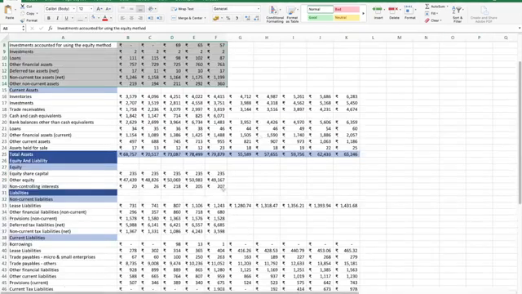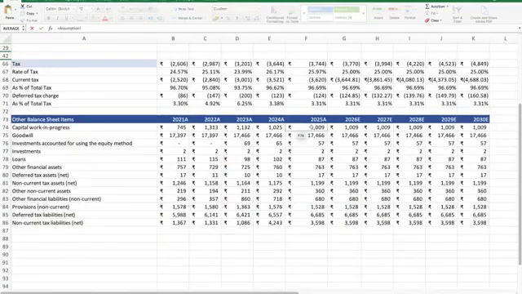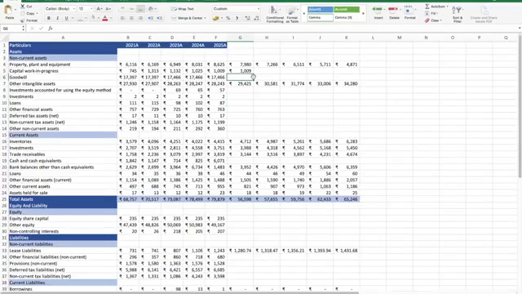Now, if you want to link it to the balance sheet, we'll quickly do it. So go to assumption. Just drag it. Things may look very laborious or very boring, but once you do it yourself, things will look much better.